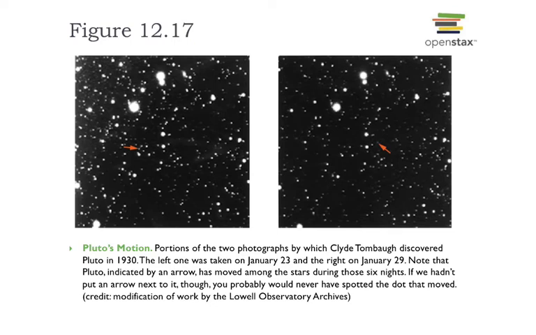So Pluto's motion is very difficult to detect here. You have to look at some images and then look at it again over some time. Here we see a couple of days, almost a week in separation, where a little faint object had moved its location, to detect that.